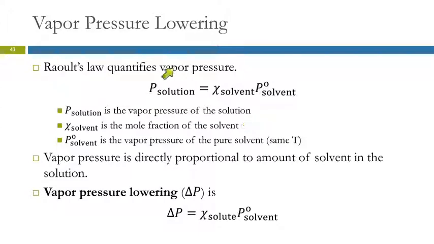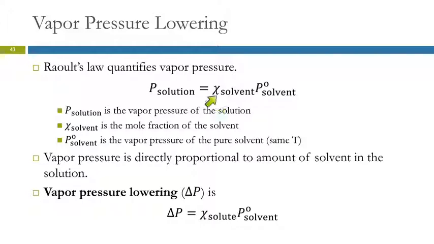So if we think about this, if we had a pure solvent, what would chi for the solvent be, the mole fraction? If there was no solute, it'd be 1. Mole fraction is the moles of solute divided by, wait a minute.